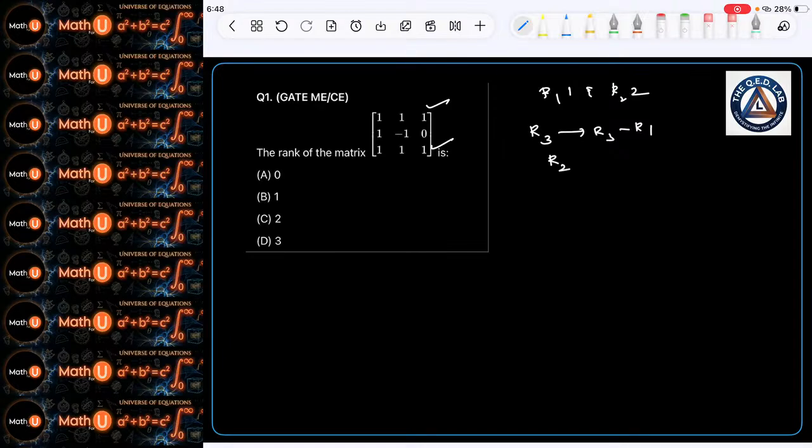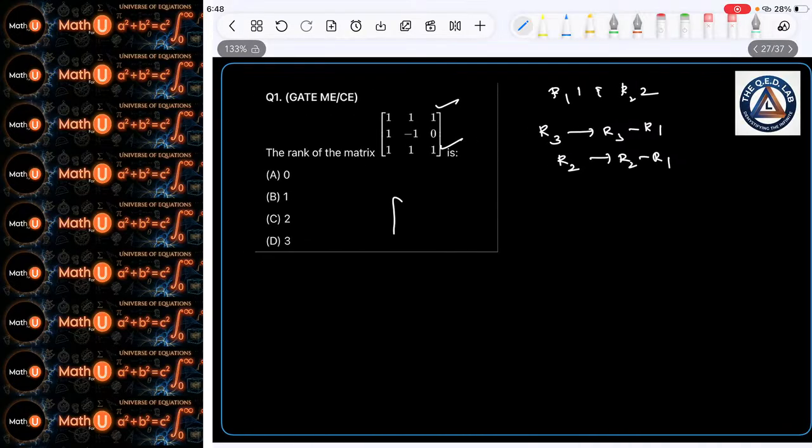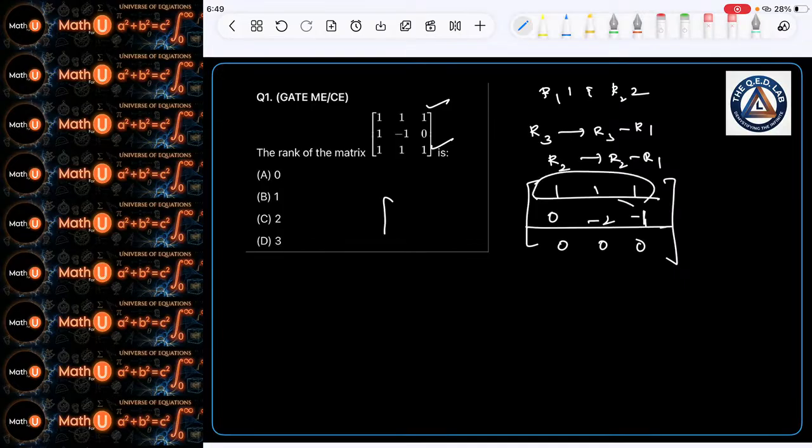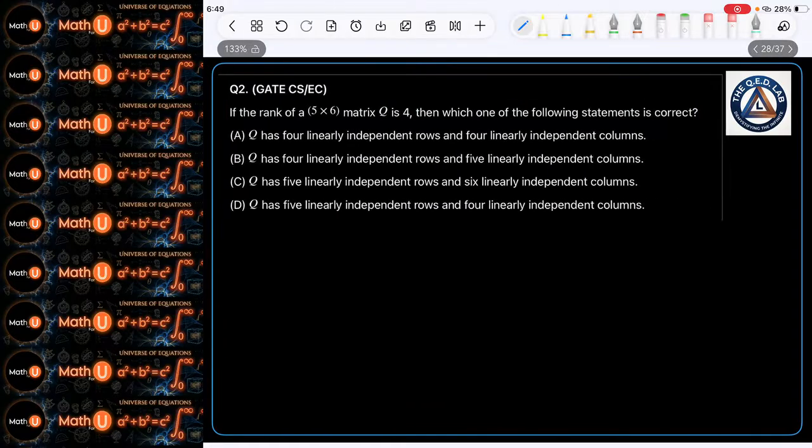I will apply the row operation to the second row also, r2 goes to r2 minus r1. I will get 1 1 1, then 0 minus 1 minus 1 minus 2 minus 1, then 0 0 0. If you observe, the number of non-zero rows here is 2, so the rank of A is equal to 2. C is the correct answer.